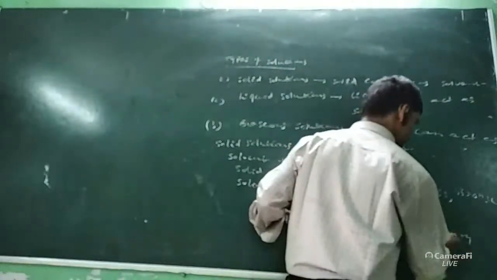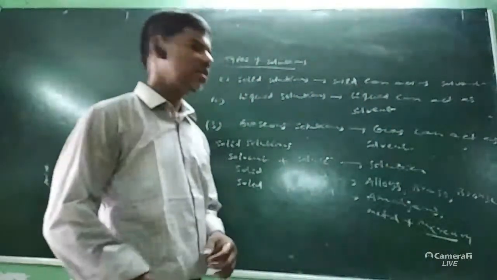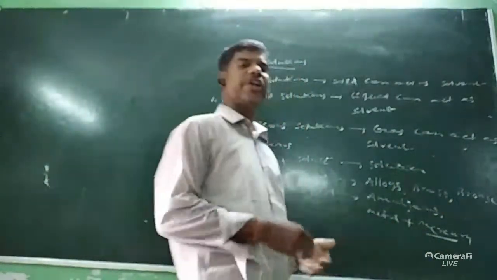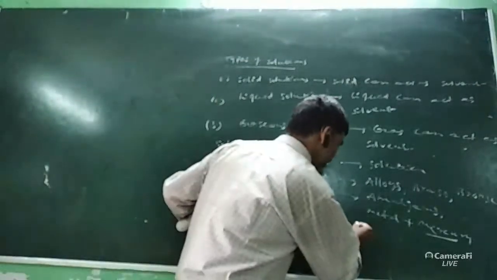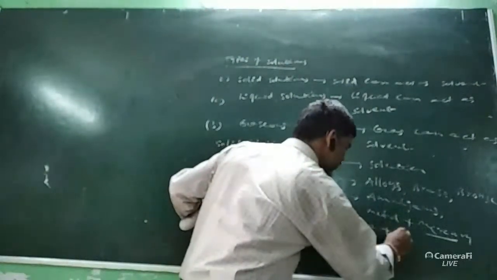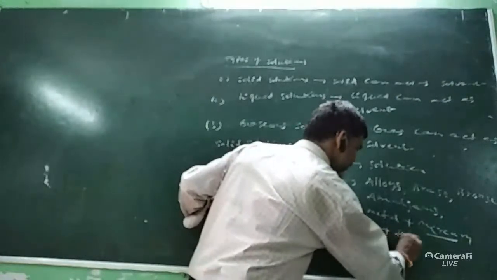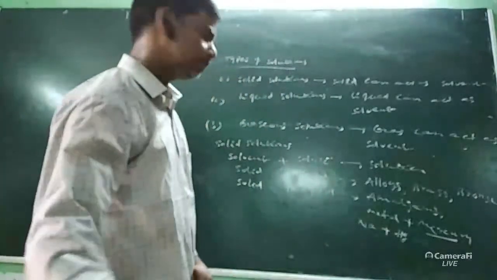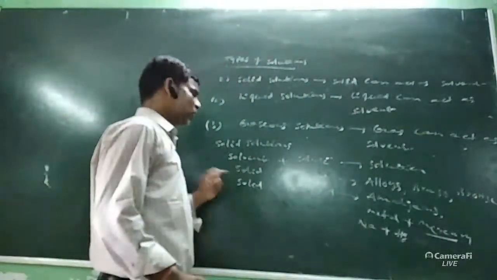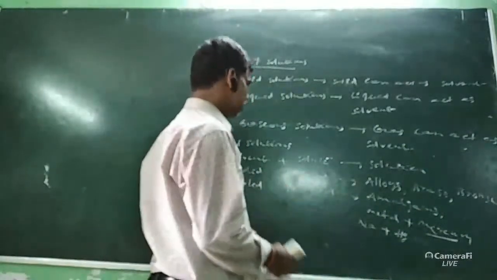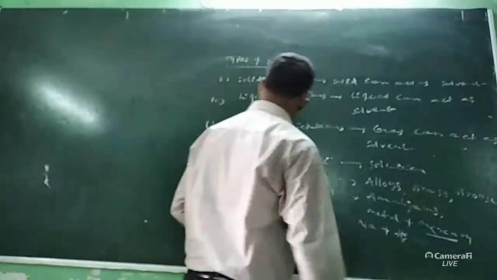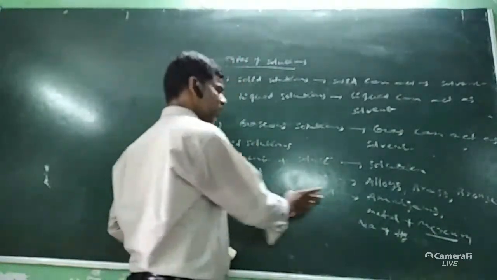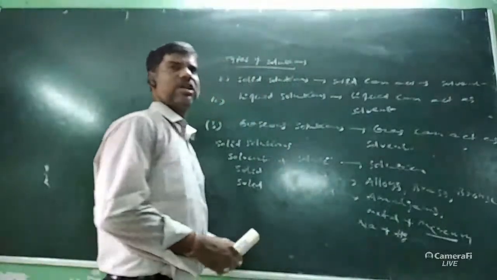Suppose sodium amalgam: sodium plus mercury, Hg, a liquid. Solid plus solid is called alloys, whereas solid with a smaller amount of liquid is called metal amalgams.